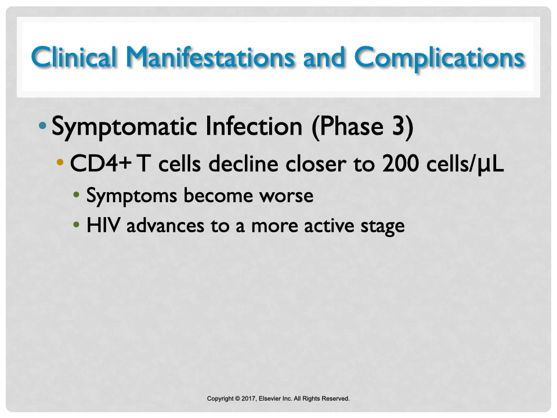Finally, in phase 3, they develop symptoms again. This is when the CD4 cells decline closer to 200 cells per microliter, and the symptoms become worse, and HIV advances to AIDS.